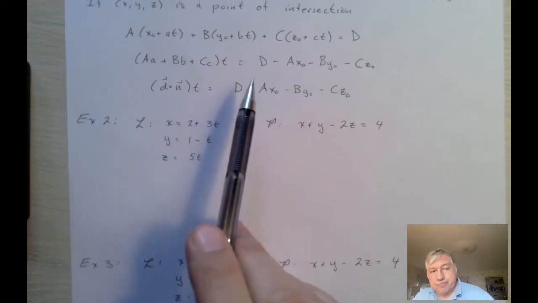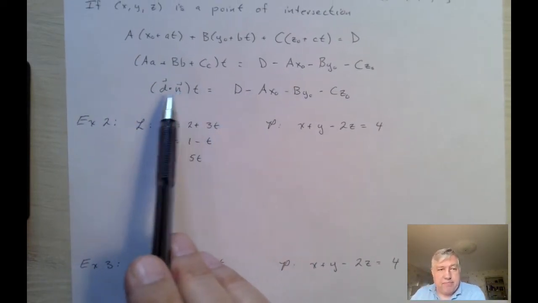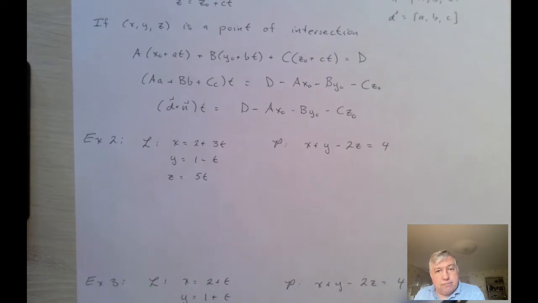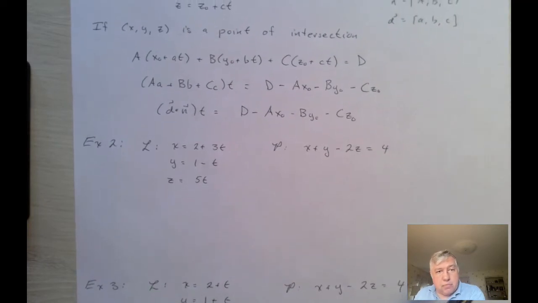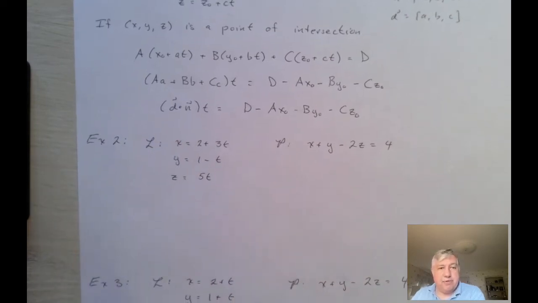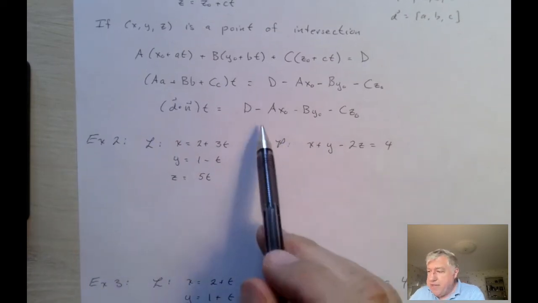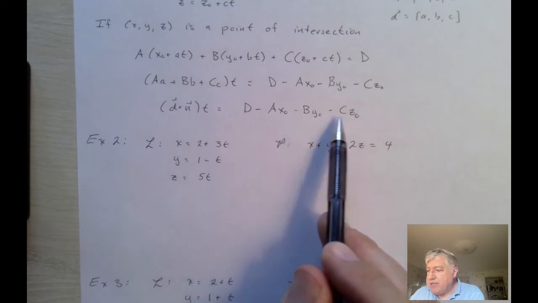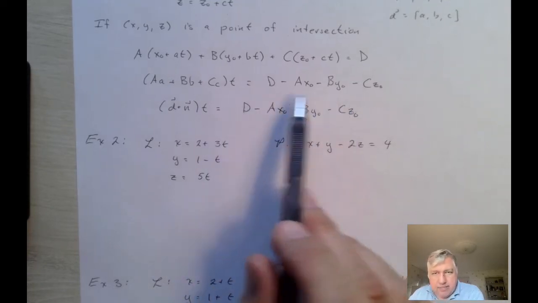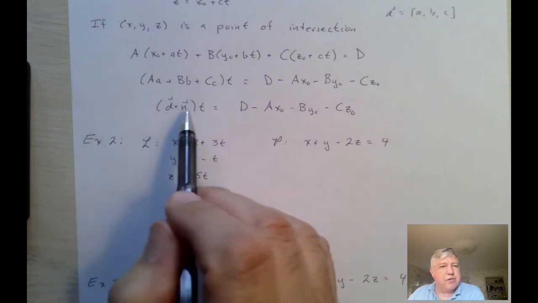So that's why, if this is zero, then, well, there I should say, let me back up and say this. If we know that x0, y0, z0 is not in the plane, then this is not zero. If this is not zero, then there's no way that this can be zero.